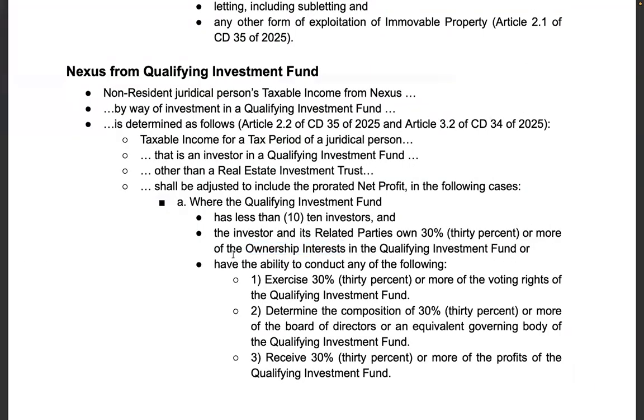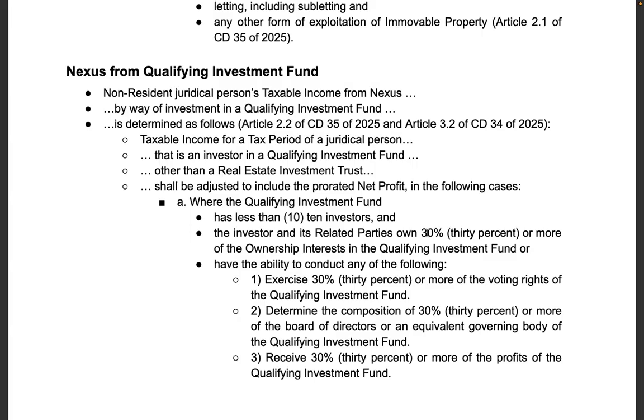So now, basically, what are they trying to say? As I said earlier, power play. So if that investor is effectively controlling or significantly influencing that investment fund, how can he do that? If that investor and the related parties own 30% or more.